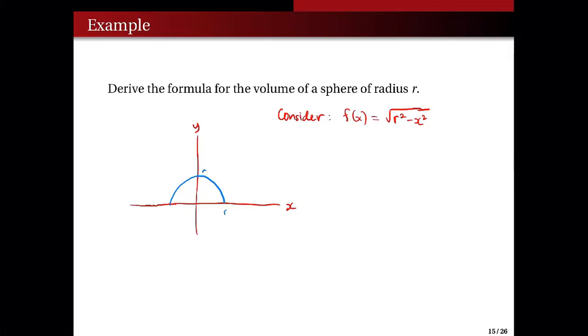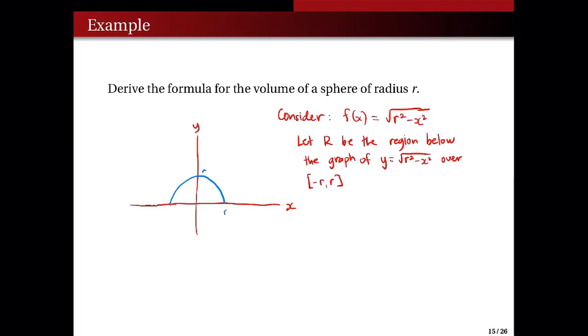So consider the region. Let R be the region below the graph of y equals square root of r squared minus x squared over the interval negative r to r.